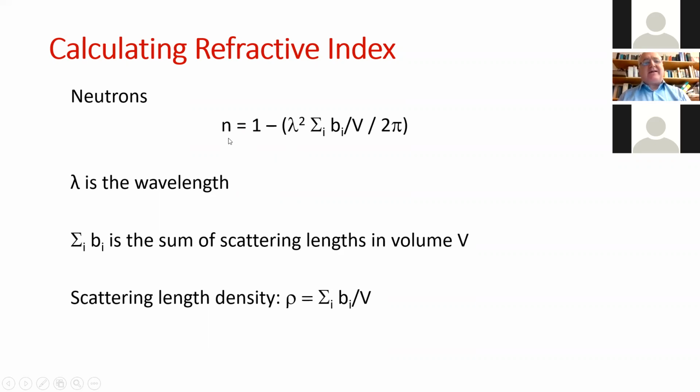And the refractive index N for neutrons is calculated using this rather simple formula that the difference from 1, the refractive index, is equal to the product of the wavelength squared and the scattering length density divided by 2 pi.